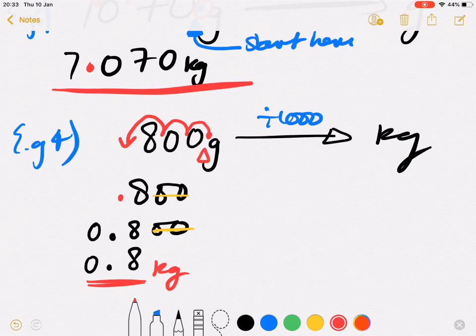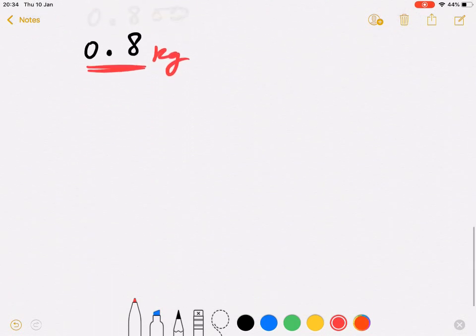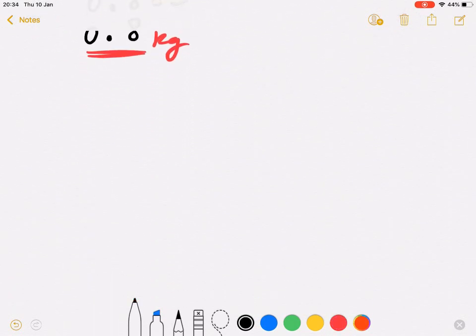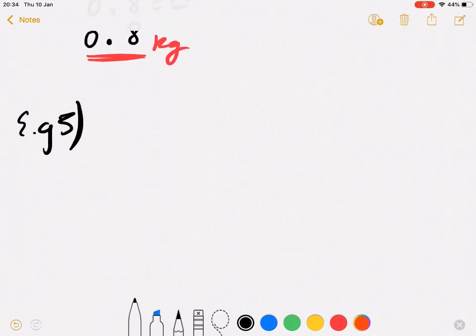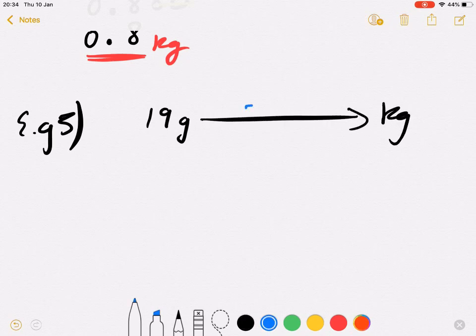Okay, let's have a look. We could even go really small with questions as well. So if you have a look at example number 5 now, and that's going to be the end of this video. We have, for example, 19 grams, and we're changing that into kilograms. So we know we have to divide it by 1,000, and again we have not enough zeros to remove them.